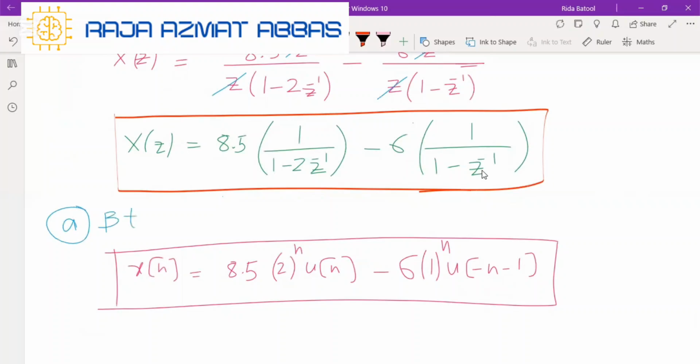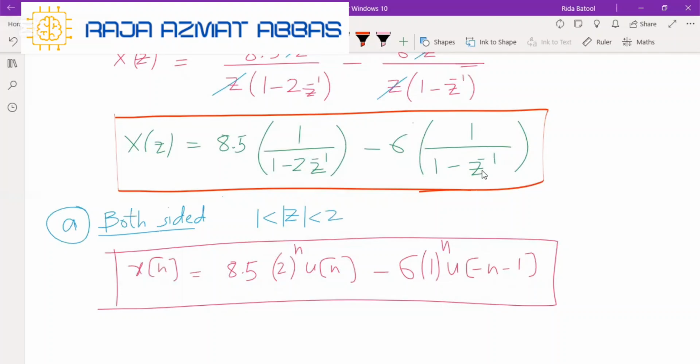For both-sided, you have to mention the ROC as well. ROC will be z greater than 1 and z less than 2.